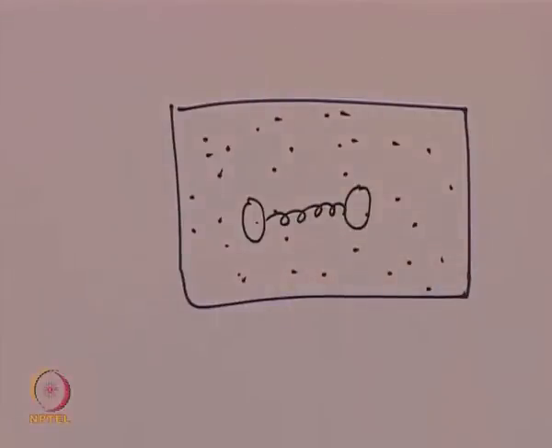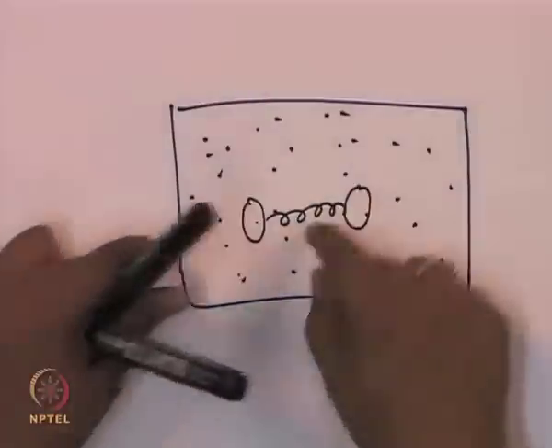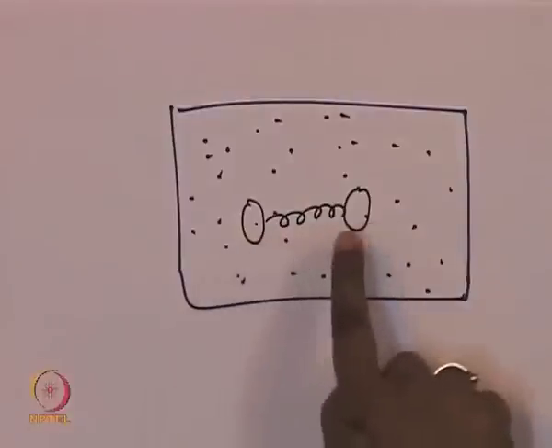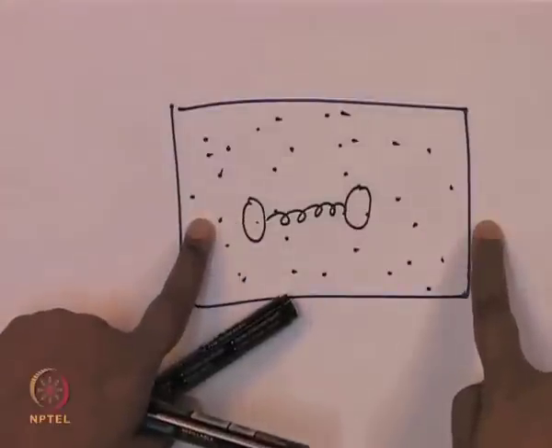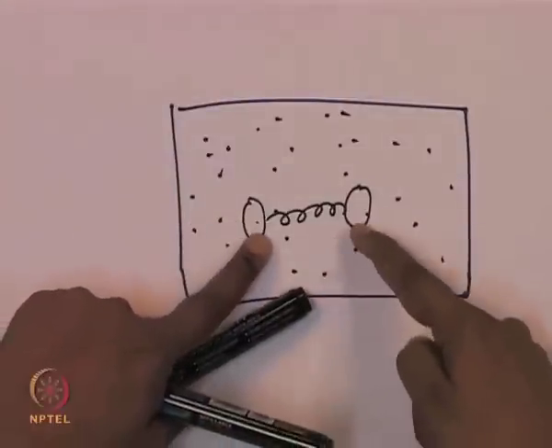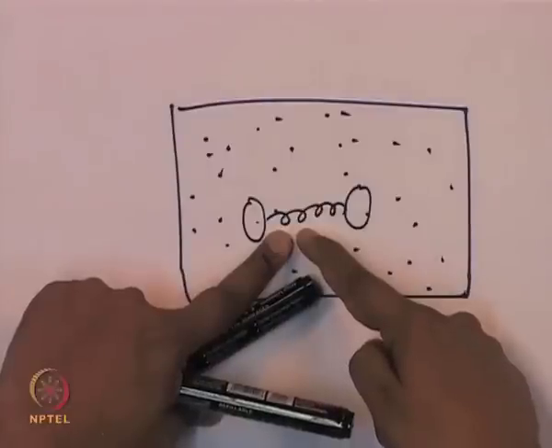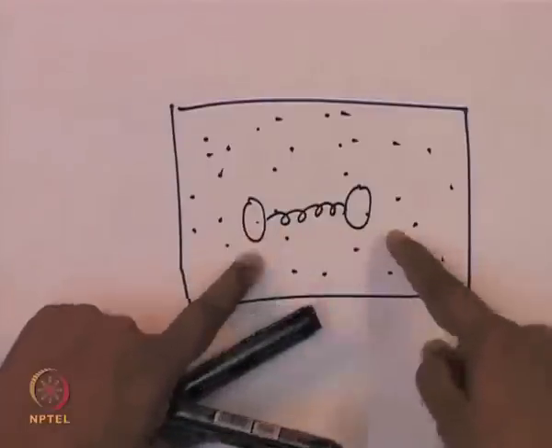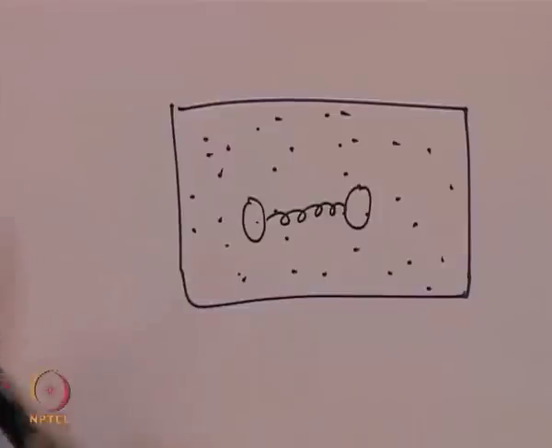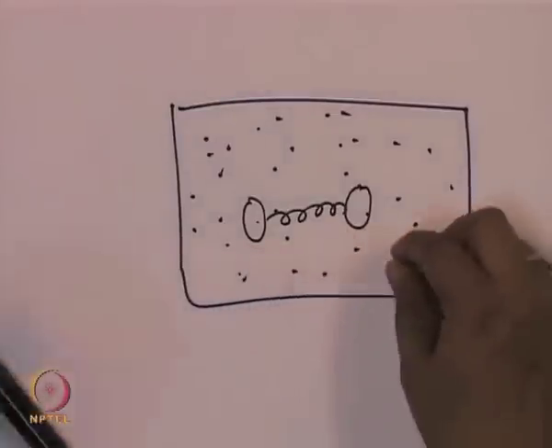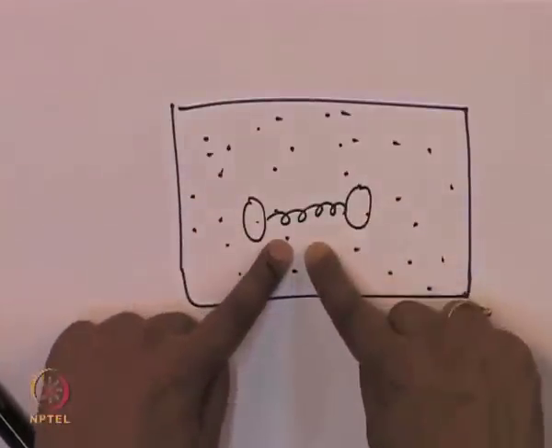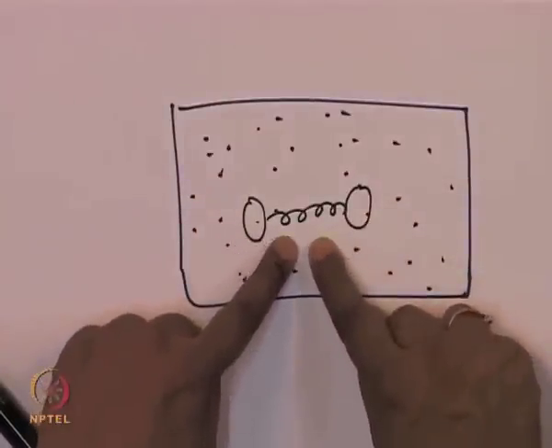What does this mean? It means that these two atoms would like to be at a certain distance, and when they are taken apart, they will be attracted, and when they are taken too close, they will repel. So, the spring has this property that if you take them too close, you will have a resistive force. This will resist coming together.